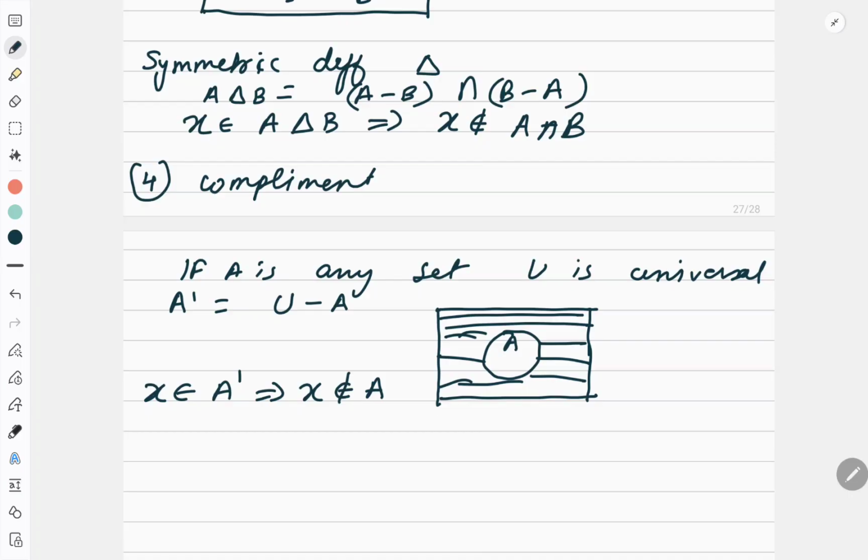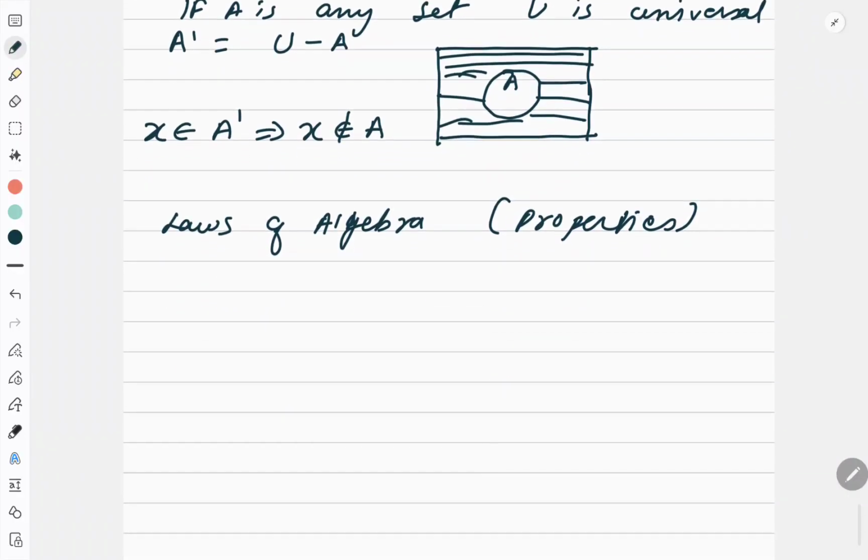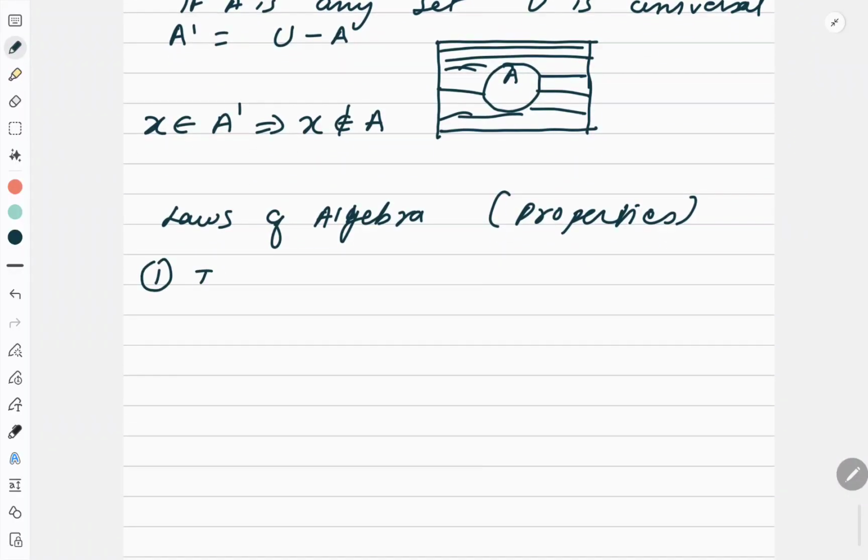So these are the basic operations on the sets. Now these basic operations satisfy certain properties, also known as laws of algebra. So now I'll tell you what are the laws of algebra on sets, or what are the properties. Now this concept is again very easy. The very first law is idempotent law.